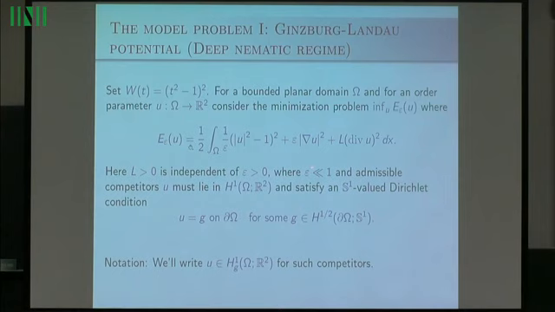So then formally in the limit you would expect that the magnitude of u is 1, and then this term will remain, you will see in a second what we're going to get. So we're dealing with this variational problem. We're going to impose Dirichlet boundary conditions on the boundary of a domain omega, and I'm going to assume that u is in S1 on the boundary.